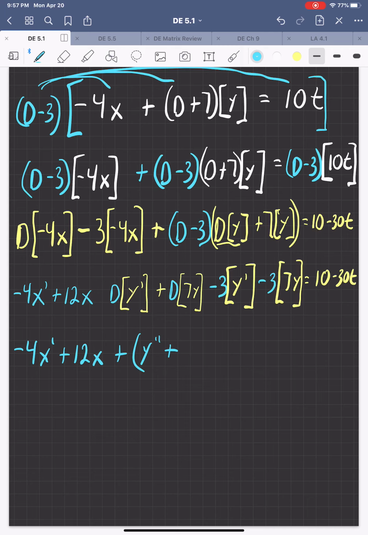And we have the derivative of 7y. It's going to be plus 7y prime. Now this is just going to be plus, I got -3y prime. Then I have a -3 multiplied by a positive 7, which is going to be -21y. And all that is equal to 10 minus 30t.